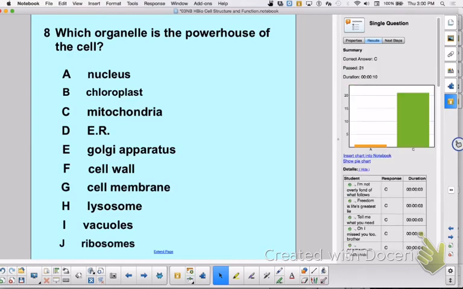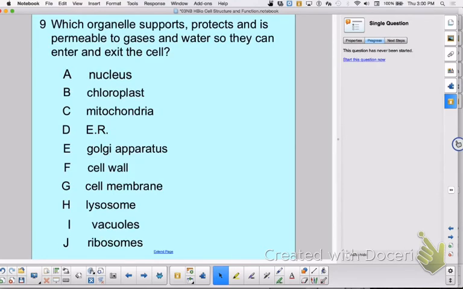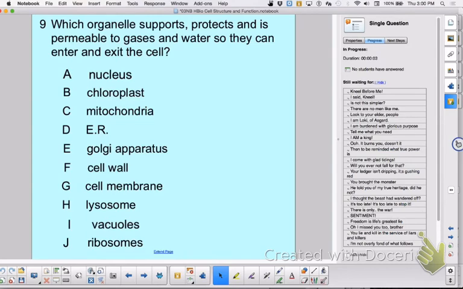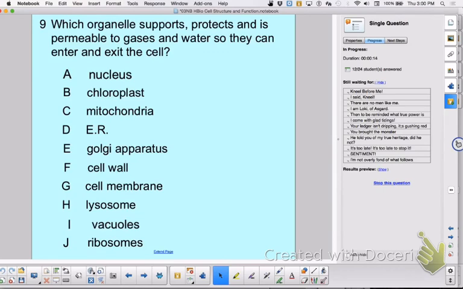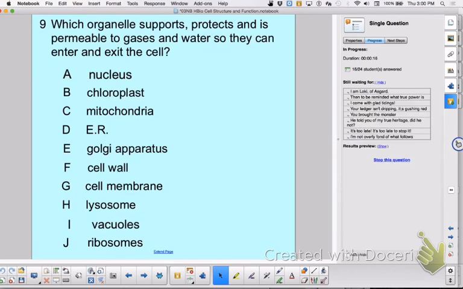It supports. It's protective. It's permeable. It's not a decider. It just is.